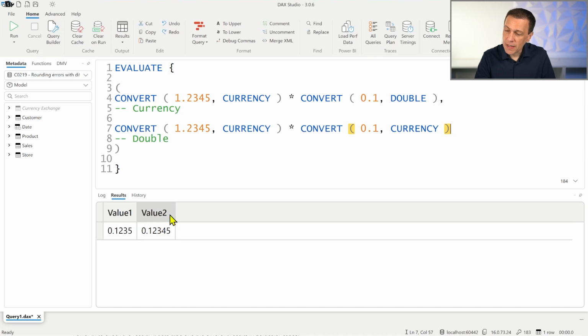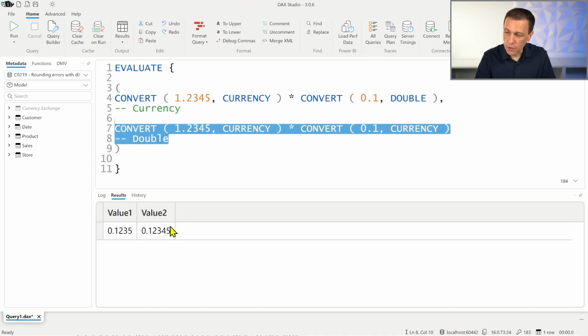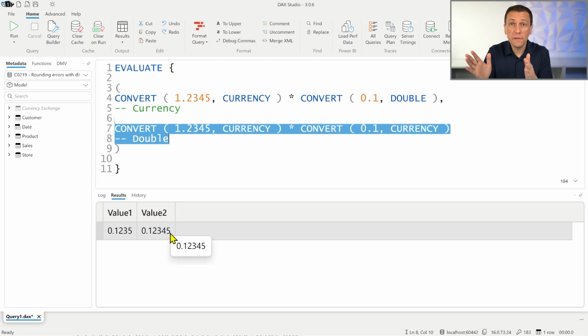We see that the value 2, the value of the second column, is actually including 5 digits after the decimal point. So in this case, if you need the precision of the number, you probably want to use the double as a data type of the result, because of course we have more digits, but this depends on the complete requirement you might have.